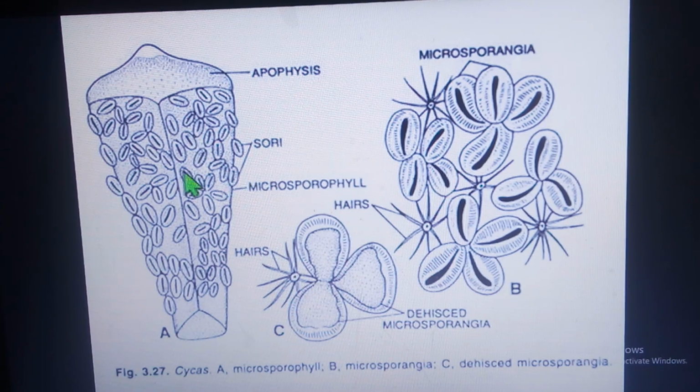Beyond this fertile part, there is an upper extended part, which is also sterile, and it is called the apophysis. Okay, this is what we call the apophysis, and it is also sterile.